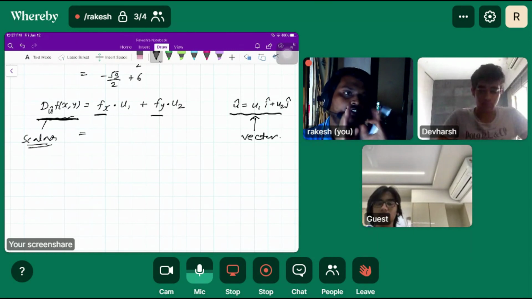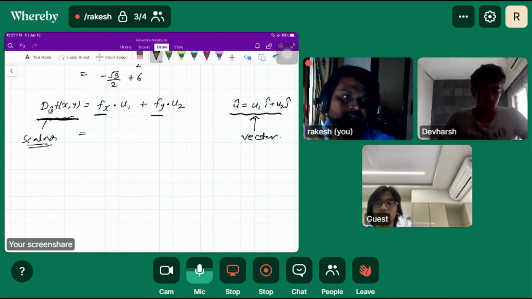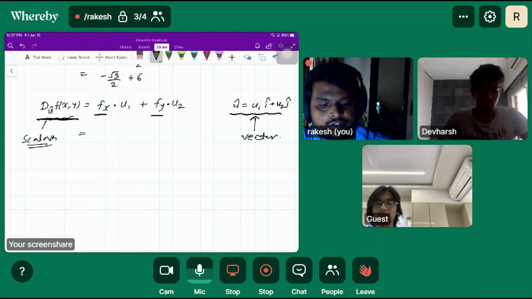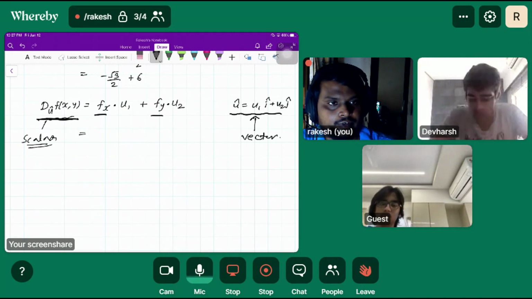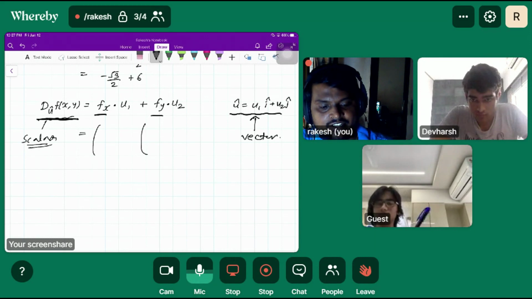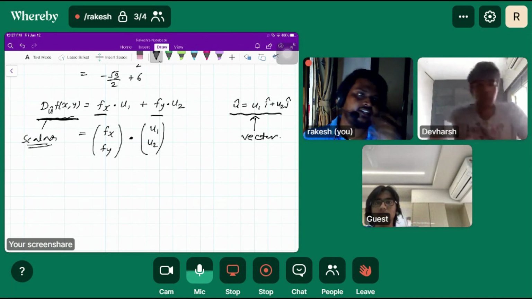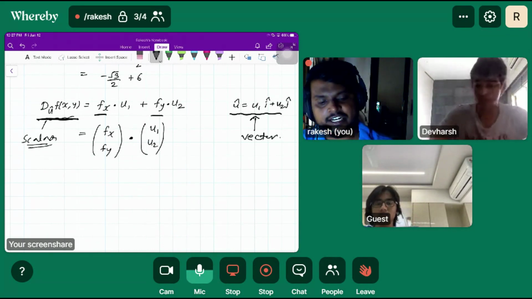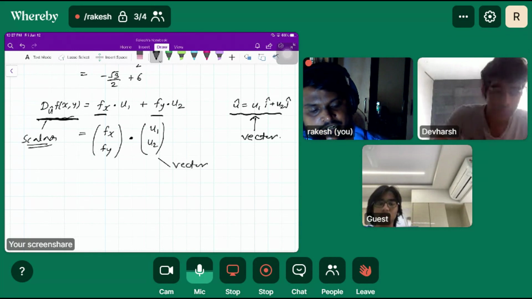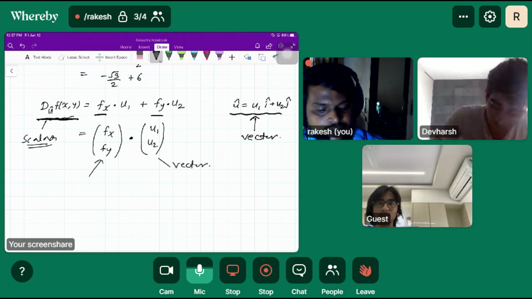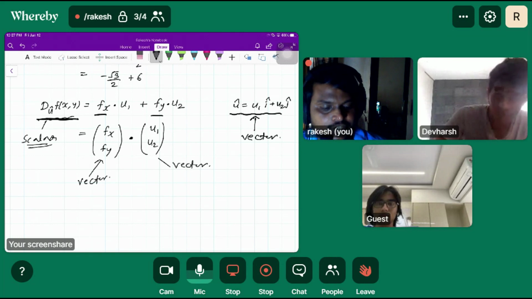When we take the dot product of two vectors, then only we get a scalar quantity. So if I write u1 and u2 as the unit vector, I have to write this vector like this, and when we take the dot product, we get the scalar quantity. So this is a vector quantity, and this is also supposed to be a vector quantity. Do you understand this?